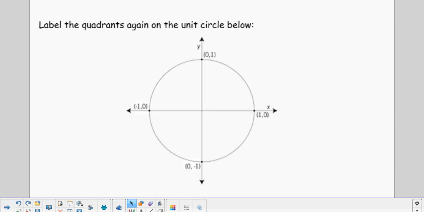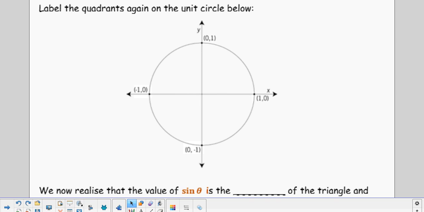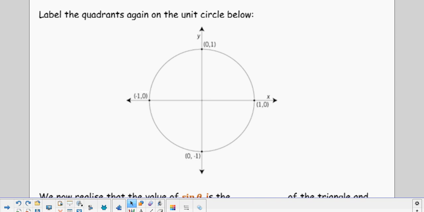Here we go. So again, just label the quadrants on the unit circle below. We'll just practice labeling things. Sometimes people forget which direction the quadrants go. So we'll do one more where we label it all, just so it goes into our long-term memory a bit more. And we've got degrees.